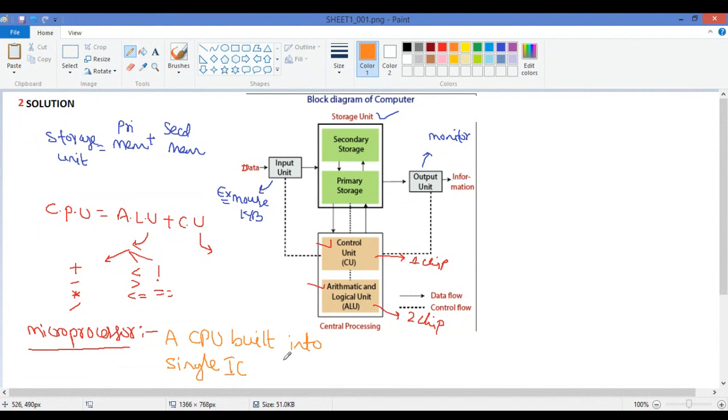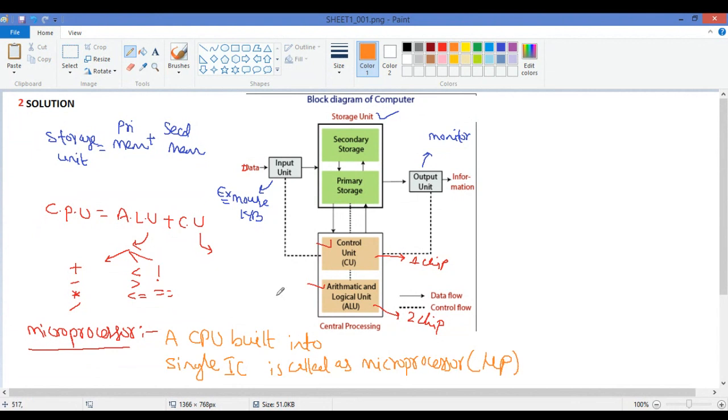Only one chip is there in which you have the control unit and also the ALU. This is called a microprocessor. I'll just denote it with this microprocessor.